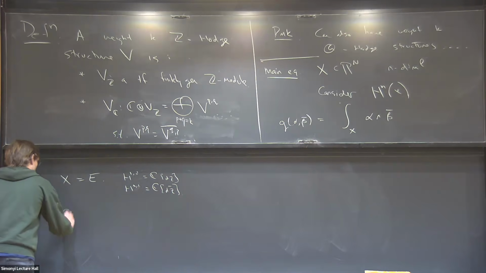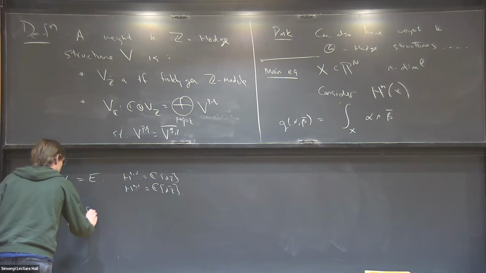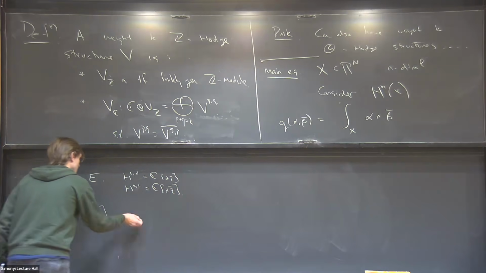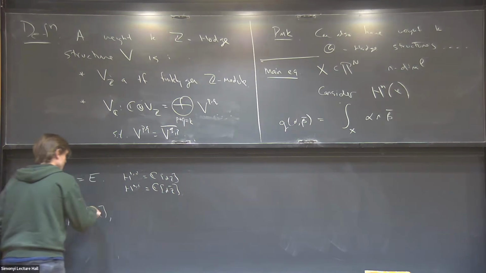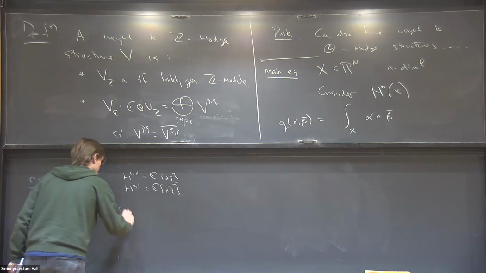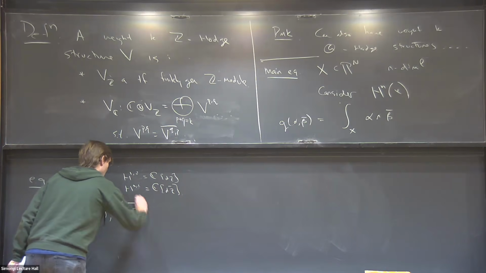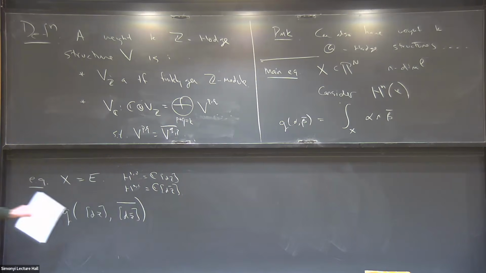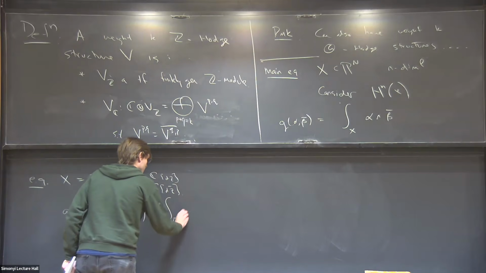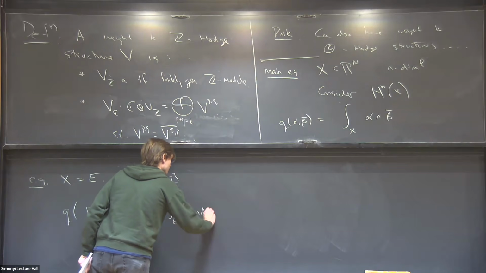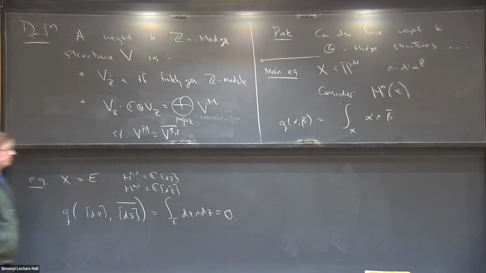So if I take this pairing applied to dz, and let me pair dz with dz bar. Remember, I'm conjugating, so this is really just dz. This is the integral over E of dz wedge dz, which is 0.